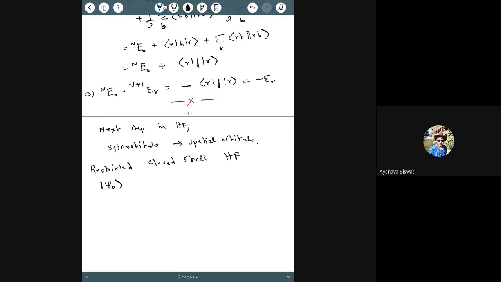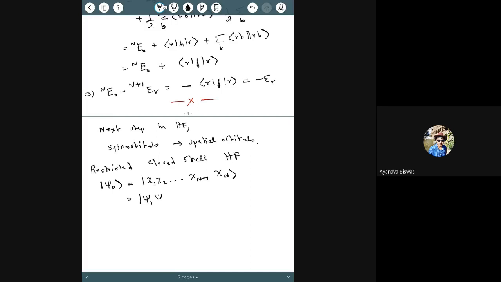It means that in the determinant made up of all the spin orbitals, we write each spin orbital as a product of spatial and spin parts. So if the spatial part is psi1 and the spin part is alpha, you just write it as psi1.